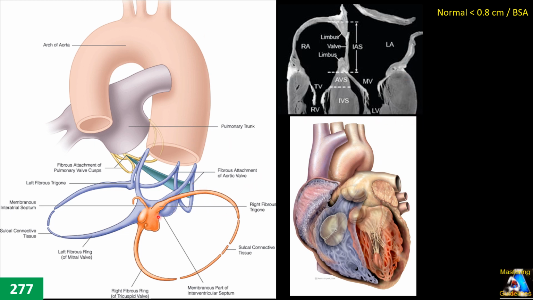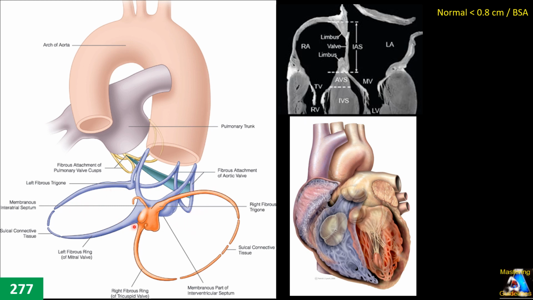Another one is the relationship between the ring of the mitral valve and the tricuspid ring. Here we are watching the mitral valve from the posterior view, and this is the mitral valve ring, and this is the tricuspid valve ring. You can see they are not at the same level. They are almost perpendicular, 90 degrees, in a different plane and axis.